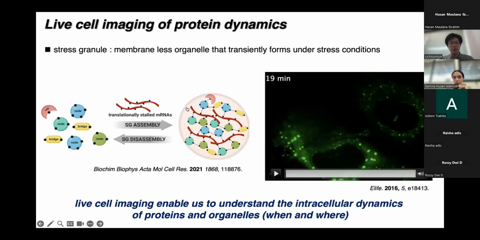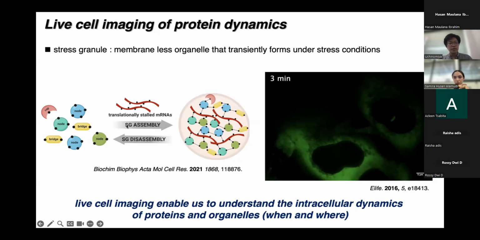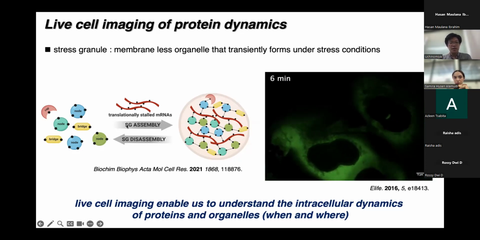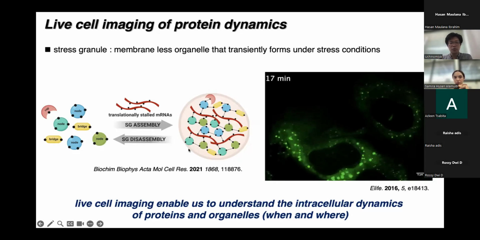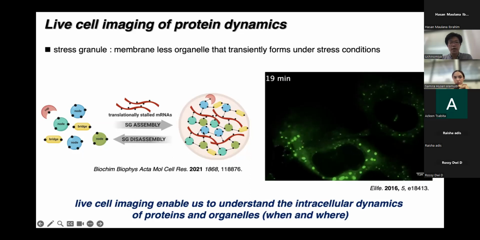We can see relatively large vesicle-like structures like this. So these are stress granules. So like this, live cell imaging enables us to understand the intracellular dynamics of protein and organelle. So importantly, we can understand when and where the biological phenomena occur.